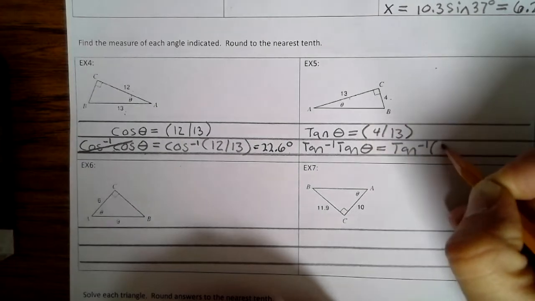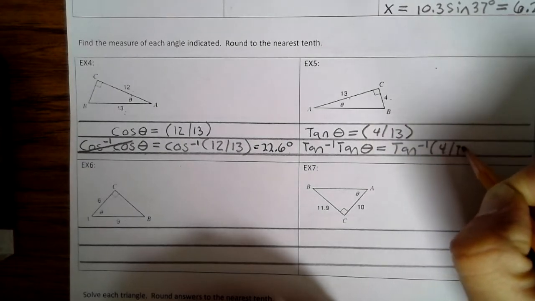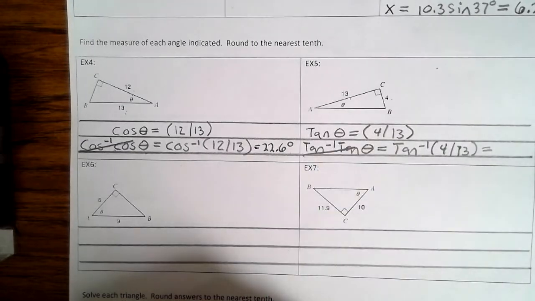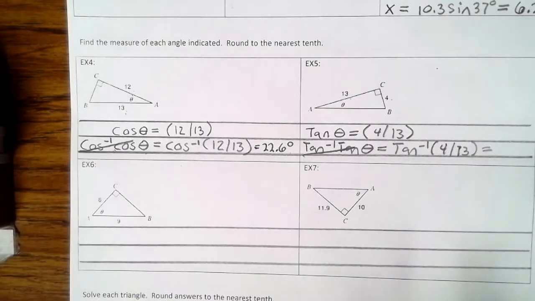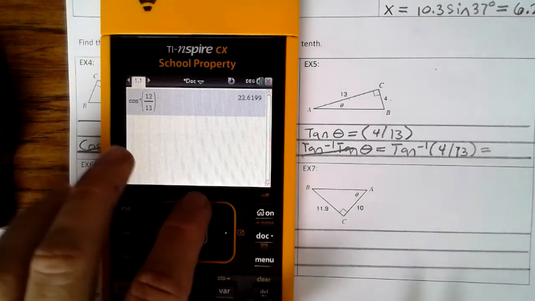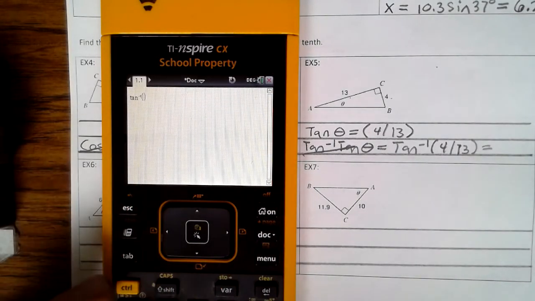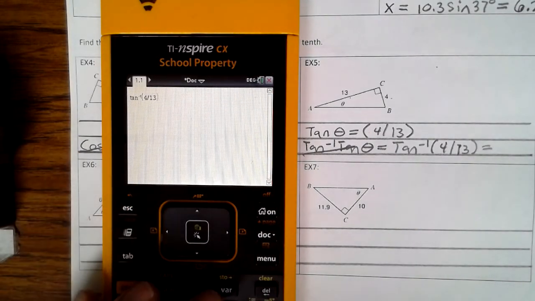So we know that cancels. And then we just need to put tangent inverse of 4 divided by 13 in our calculator. So trig tangent inverse of 4 divided by 13 is 17.1 degrees.